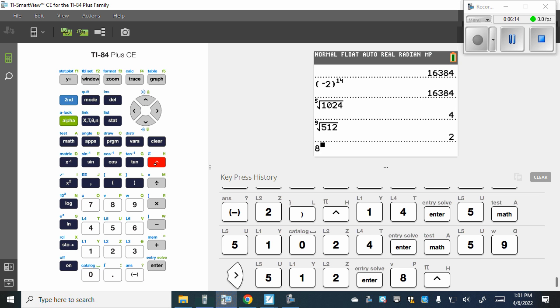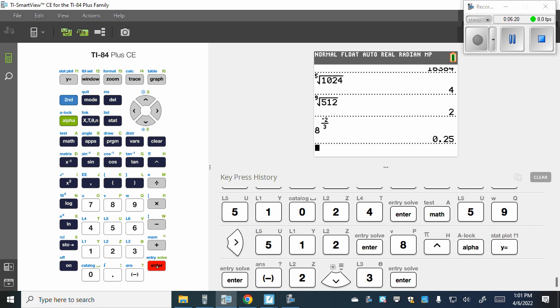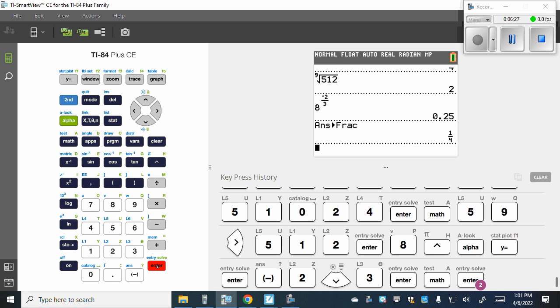On the calculator, 8, the caret, negative 2 over 3, enter gives 0.25. If we converted 0.25 to a fraction, we get 1/4. Are 0.25 and 1/4 the same answer? Yes, so we can take either one.